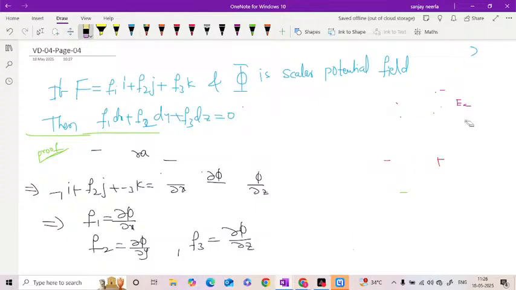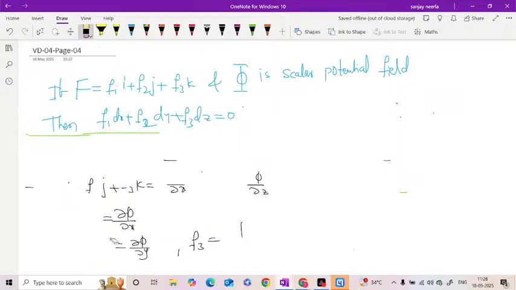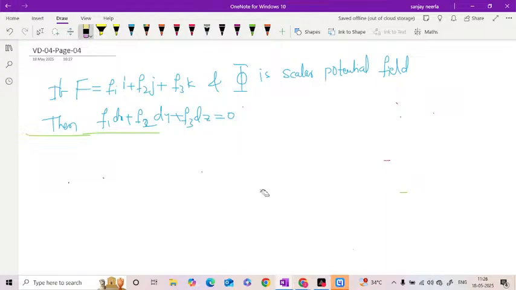Now we know that f1 dx plus f2 dy plus f3 dz is equal to 0 is an exact differential equation. Now I am asking a question: what is the necessary and sufficient condition for this exact differential equation? You know that this is an exact differential equation, but what is the necessary and sufficient condition for it? That is our fourth statement. Here f is equal to f1 i plus f2 j plus f3 k, and pi is the scalar potential field of f. That means we can write f is equal to gradient of pi. Then we know that this differential equation is an exact differential equation.